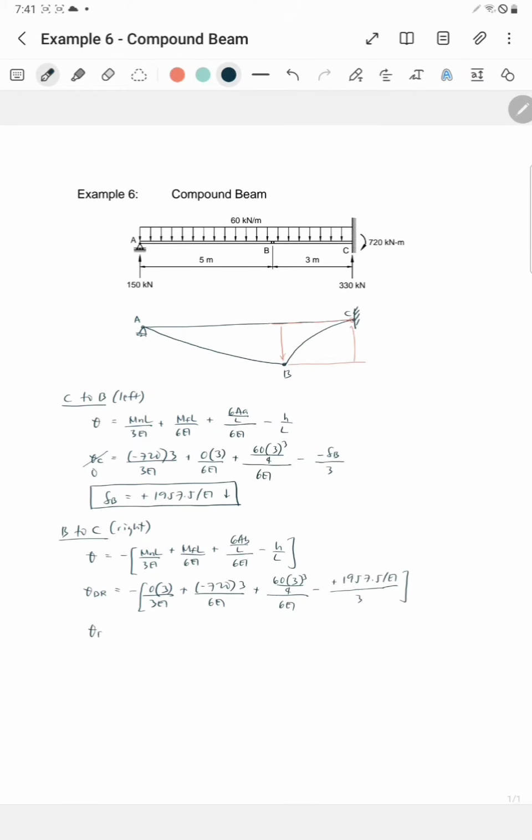So theta B right is equal to positive 945 over EI, counterclockwise.